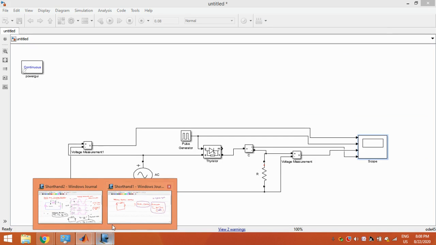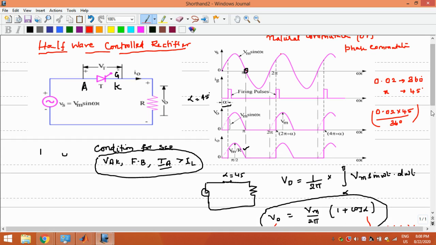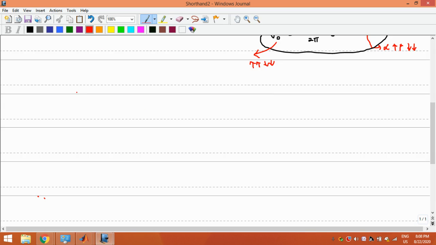If it is an RL load instead of my R load, so imagine you have an RL load, not R load. So you have resistance and inductor. Imagine that this is an inductor. The problem here is the inductor will not make sure that this SCR turns off at pi.